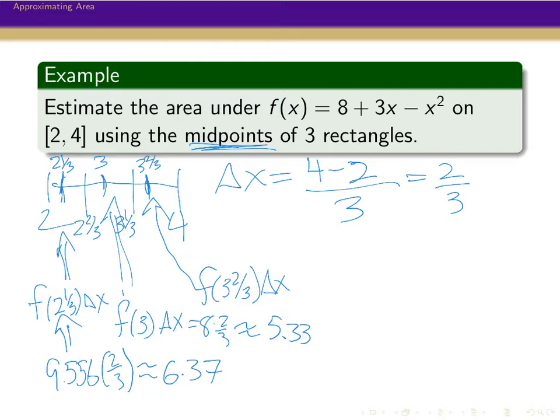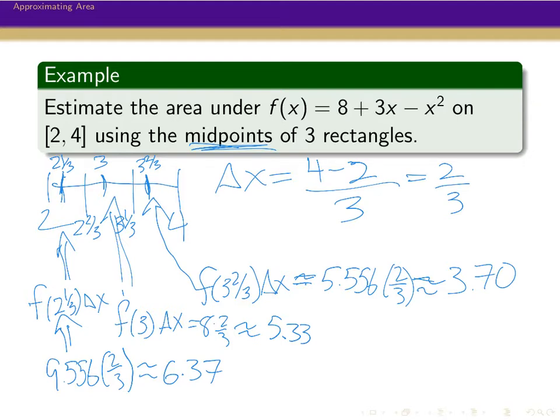And then last but not least, 3 2/3. So 8 plus 3 times 3 2/3, which is 11/3, minus 11/3 squared. So this one is 5.556, and then multiplied by 2/3 for the delta x. So I get about 3.70.